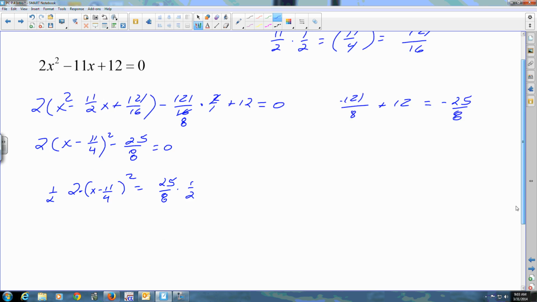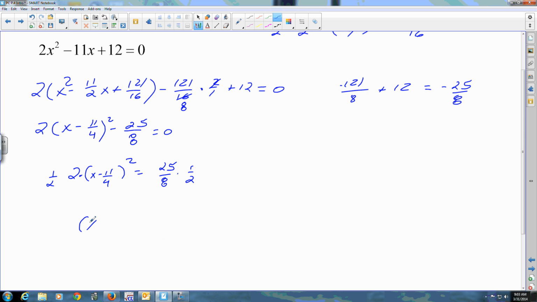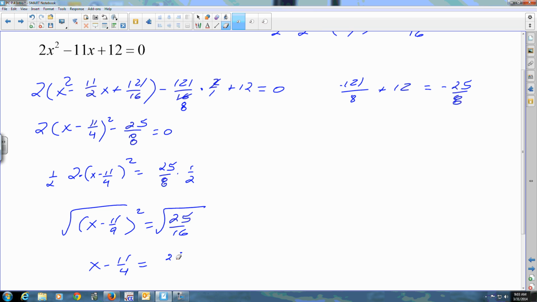I guess I'll just keep going vertical. So I have x minus 11 fourths squared equals 25 sixteenths. I need to square root both sides. Don't forget, when you put an even root on the page, a plus or minus is going to show up.